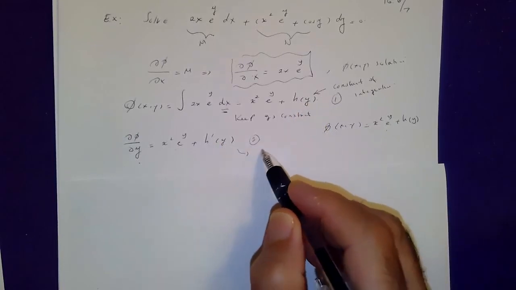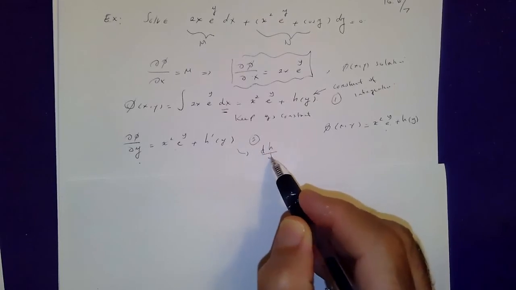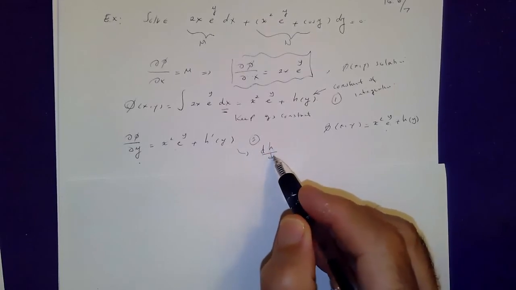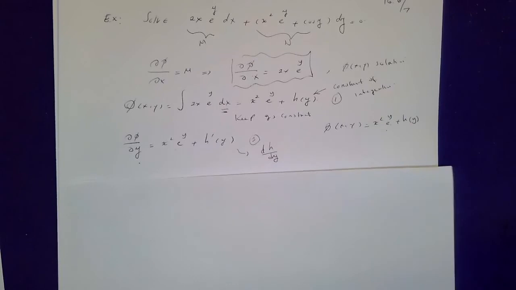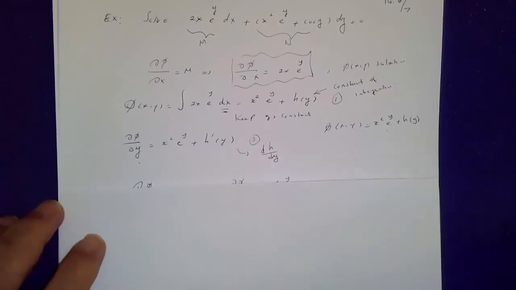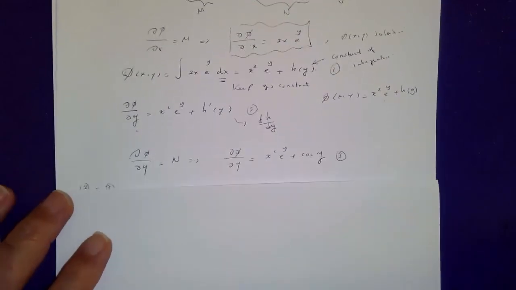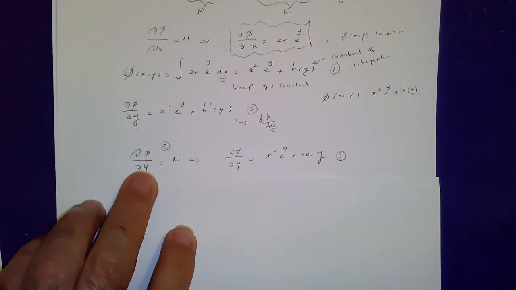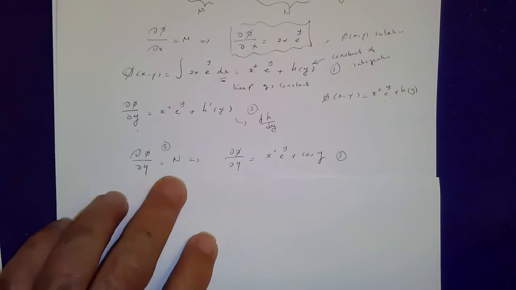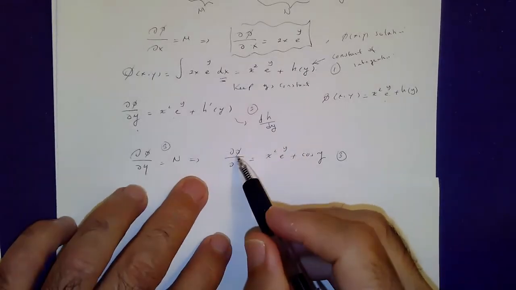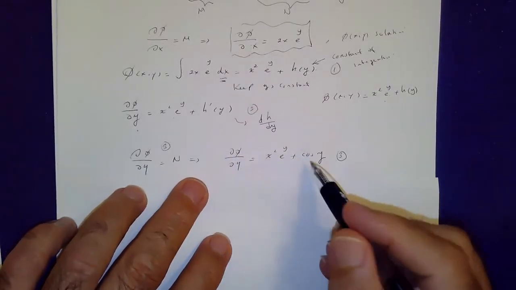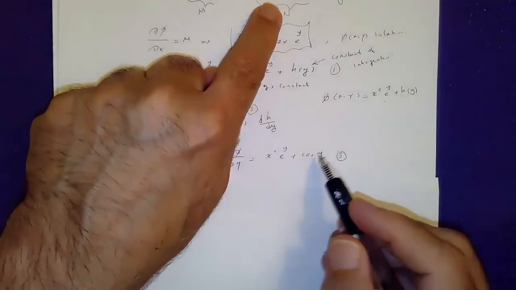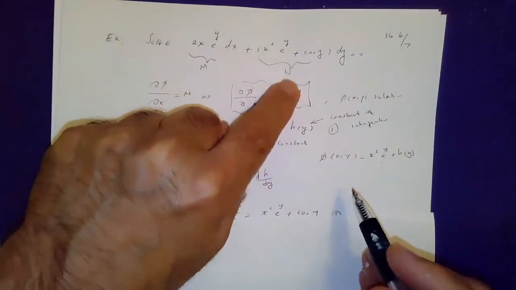In other words, this is just the good old derivative of h with respect to y, correct? But remember, equation number 2 looks like equation number 3, where the partial derivative of the solution with respect to y is equal to N. In other words, the partial derivative of phi with respect to y is this guy, which is N.